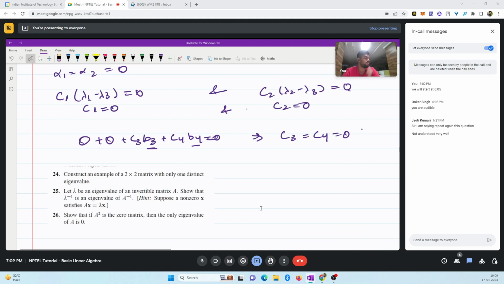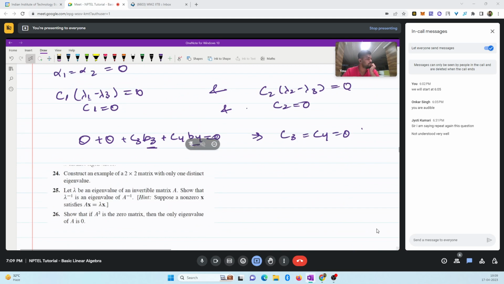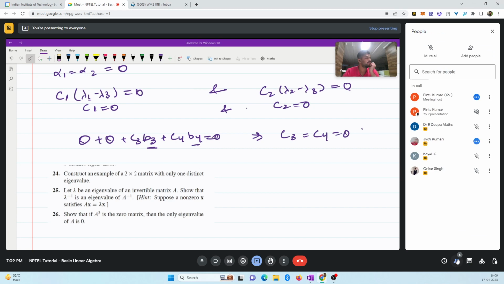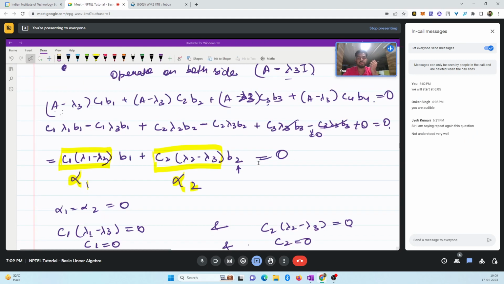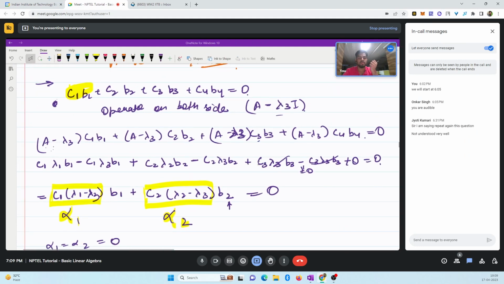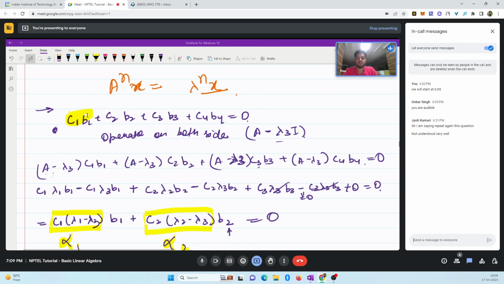Sir, you apply A minus lambda 3 I multiplied onto both sides. On both sides, yes. So this was my equation, and then I multiplied by A minus lambda 3 I on both sides.